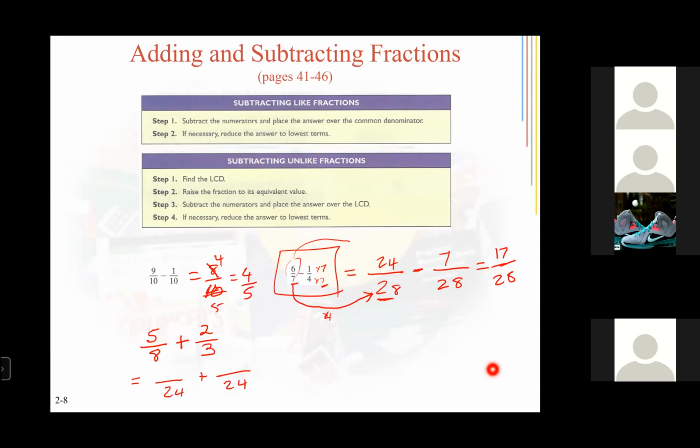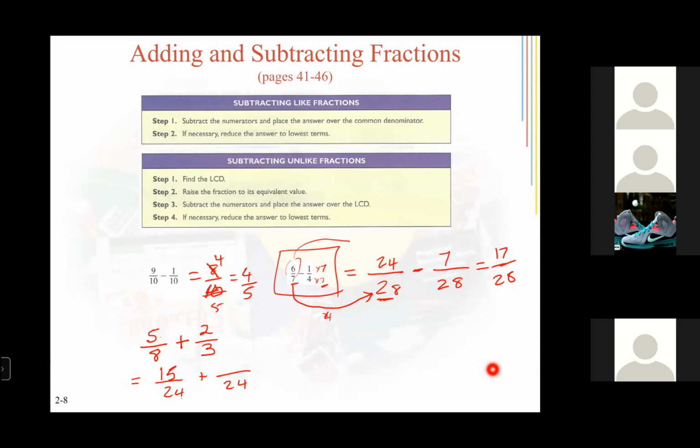So we're going to change both of them so that 24 is the denominator. For the first fraction, 5/8, when you change that so that the denominator is 24, what would be the numerator? It will be 15. Because we are multiplying 3 times 8 to get 24, so we have to say 3 times 5 is 15.